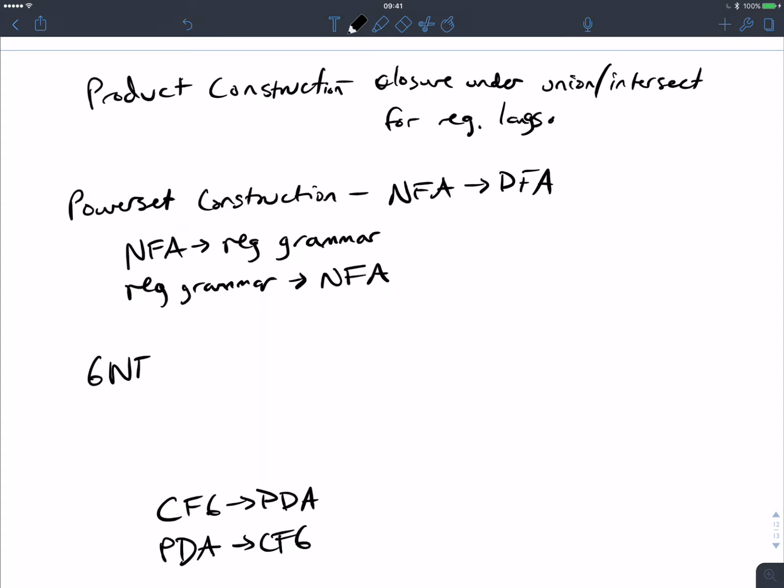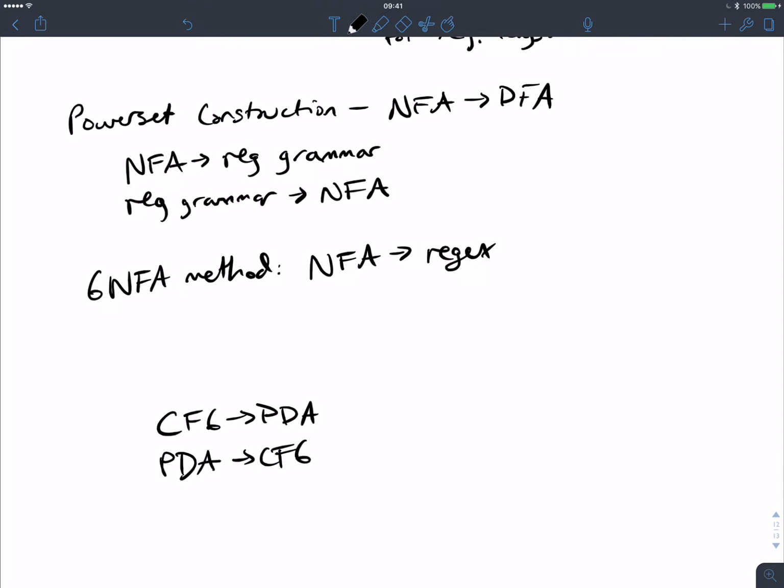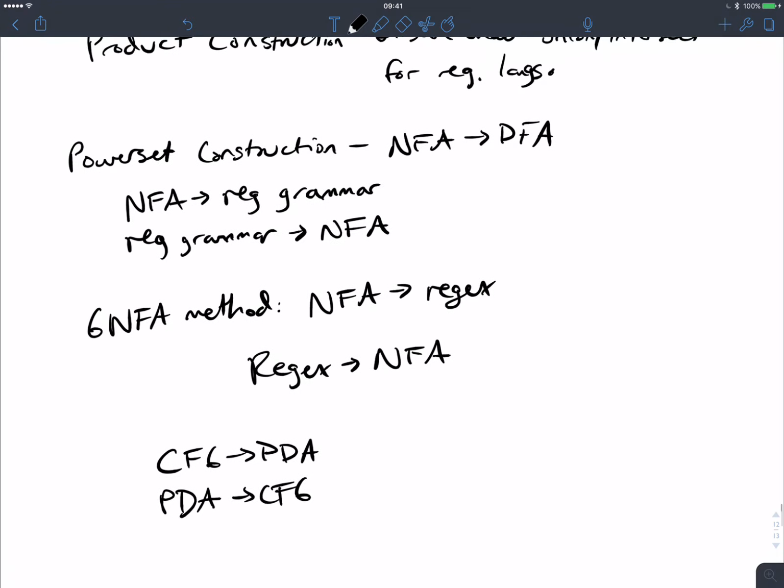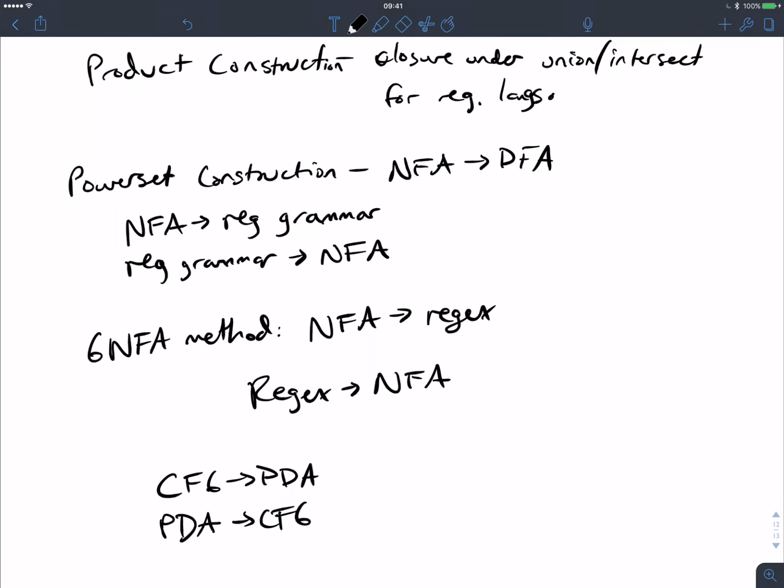So the GNFA method was NFA to Regex. And we didn't name this one, but we did Regex to NFA as well. So I think those are all the constructions that we've seen in terms of converting between things and other things.